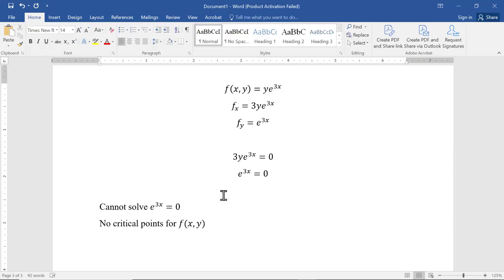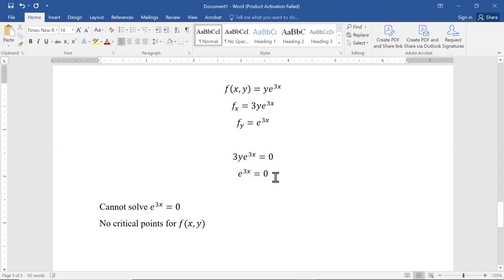And essentially, there's nothing to do from there. We say we want to define the critical points. Well, there are none because we cannot solve that second equation. There's no x we can plug in that's going to give us a 0 in that second equation. There are things that we can solve for in the first equation. Anytime you plug in a 0 for y, the first equation can be 0. So you can solve the first equation. That's fine.